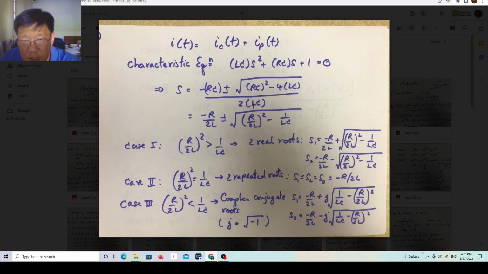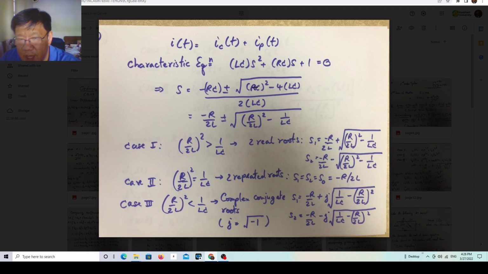So we just try to separate the parts because the C's can cancel each other. So the first term is only minus R over 2L, and you get plus and minus, you have two roots. You put 2LC in the root, so it becomes 4 times L squared times C squared. So the first term becomes R squared divided by 2L, all squared, because the C squared cancels when you put it in the square root.